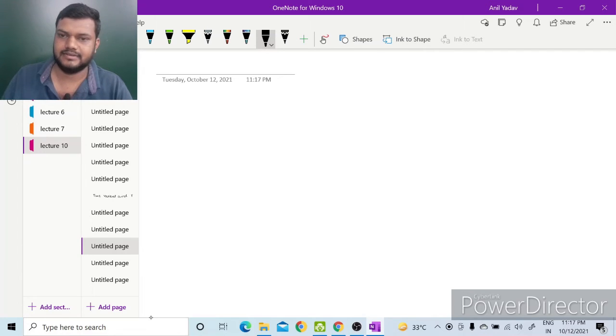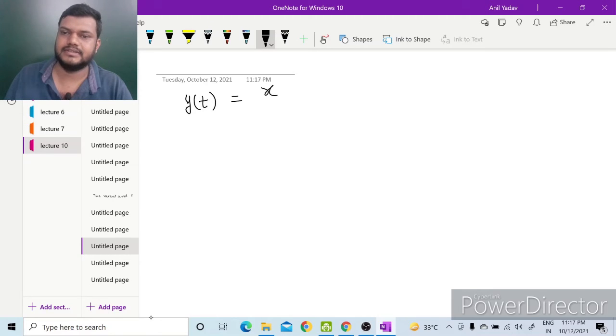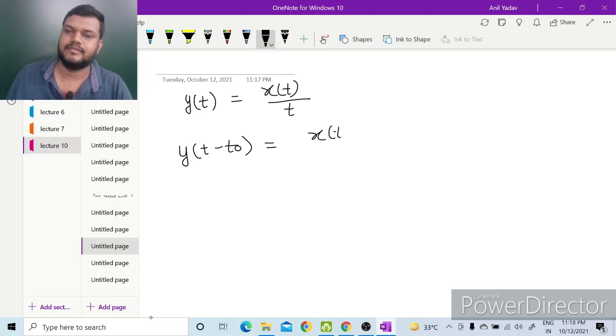There are other systems also which we can take. Let us say y(t) is x(t) upon t. Now delay y(t) by t naught: y(t minus t naught) becomes x(t minus t naught) upon t minus t naught. Now give the input delayed by t naught, meaning x of t minus t naught, the argument delayed by t naught.